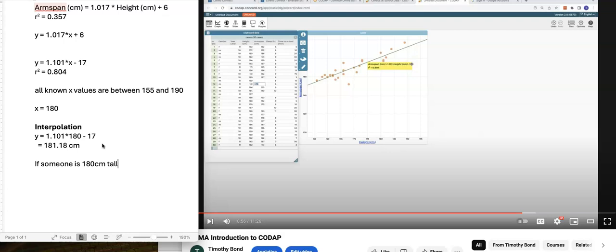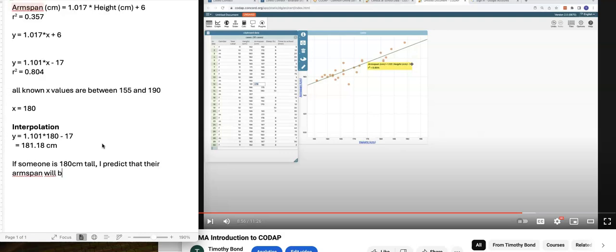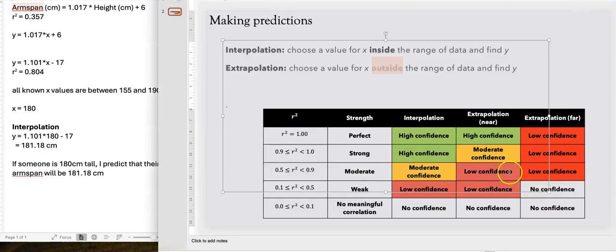If someone's 180 centimeters tall, I predict their arm span will be 181.18 centimeters.